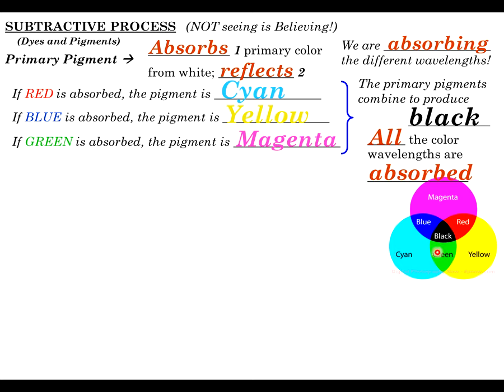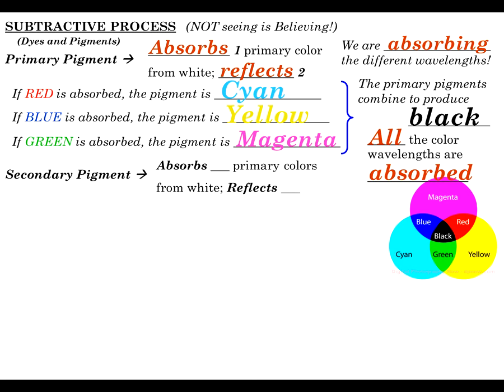Well, blue and green is cyan. If blue is absorbed, then the other two are reflected, red and green, which gives yellow. And if green is absorbed, the other two are reflected, blue and red, which is magenta. Okay, I find that a little confusing actually, but that's how it is.